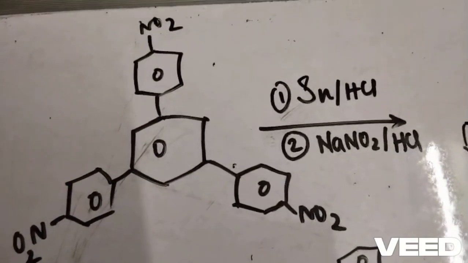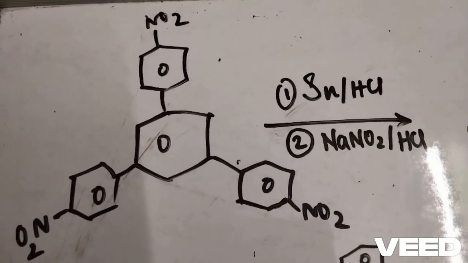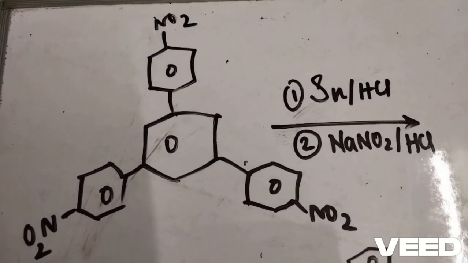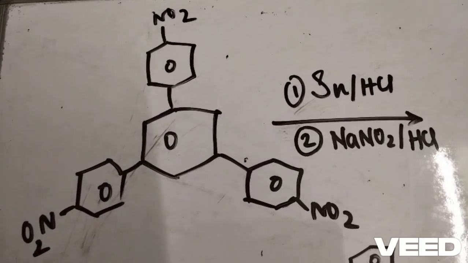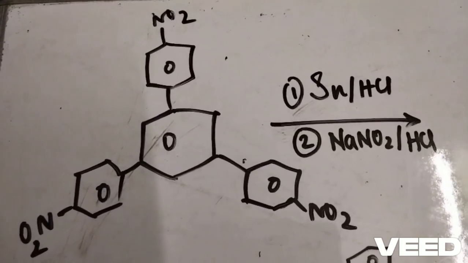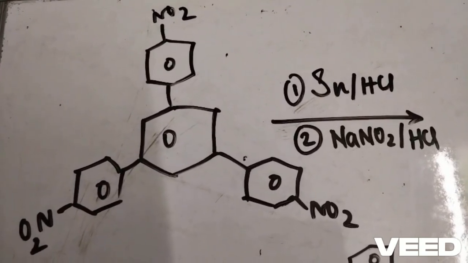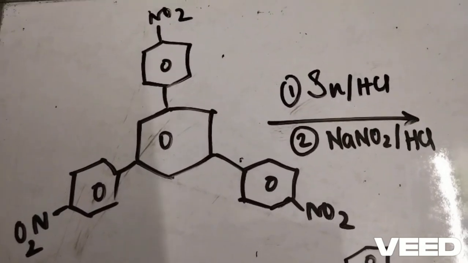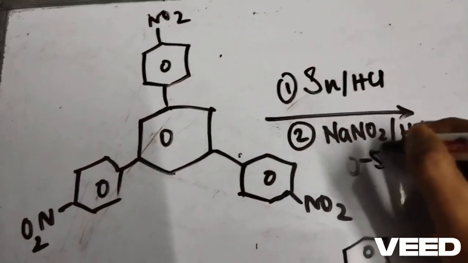So in the question we have a compound which is 1,3,5-trinitrobenzene with a para-nitro group, and the first reaction that has been given to us is the reaction of this compound with Sn/HCl followed by NaNO2 and HCl at around 0 to 5 degrees Celsius.